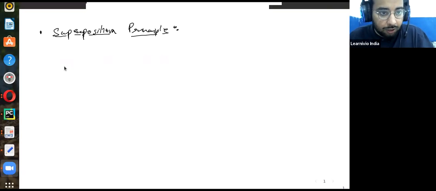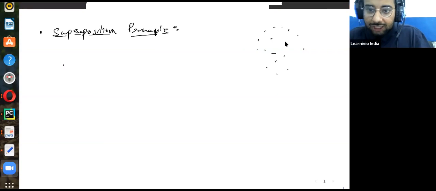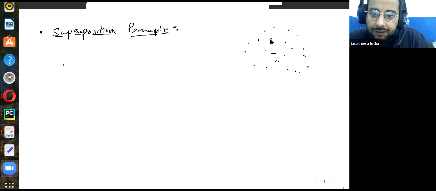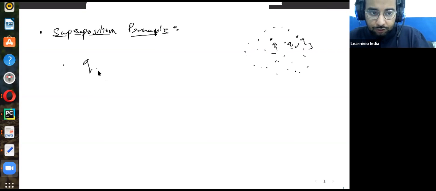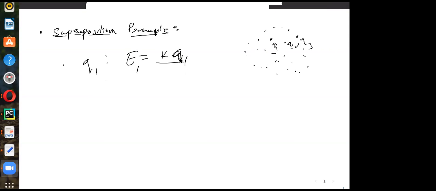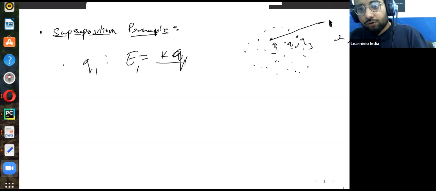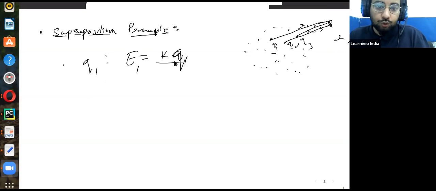Essentially, what's the meaning of that? It just means that, let's say there are n charged particles, there are n sources. There is some charge q1 here, some charge q2 here, some charge q3 here, and let's say the charge q1 has an electric field E1, which is equal to k times q1 over, let's say we're figuring out some r distance away. So q1 is r1 distance away, q2 is r2 distance away, q3 is r3 distance away, and so on and so forth.